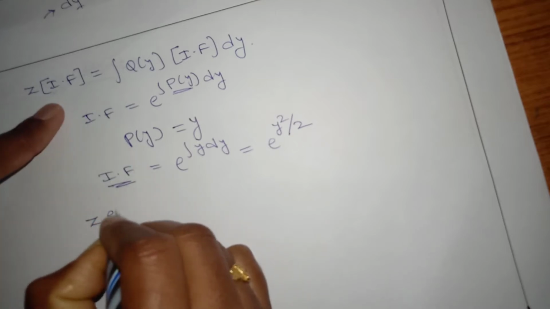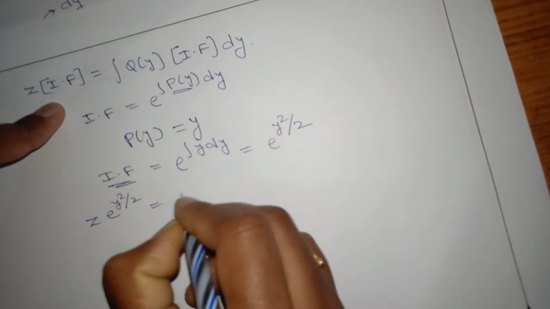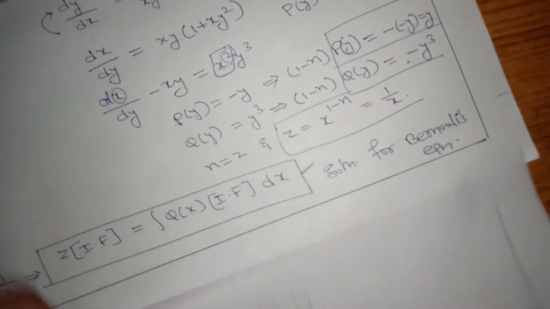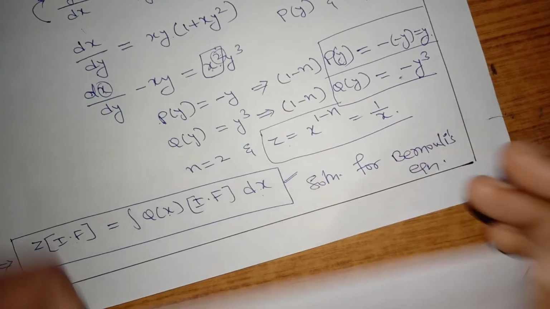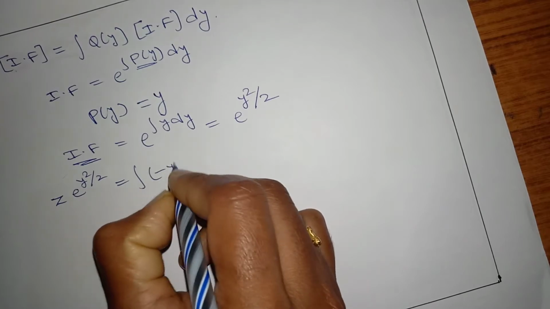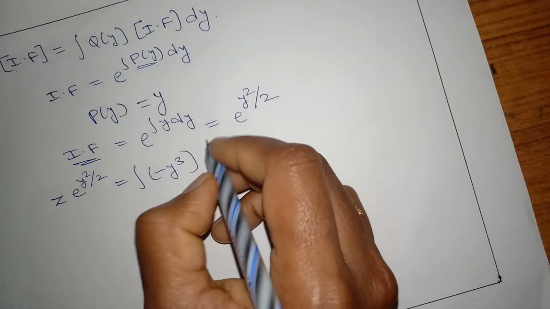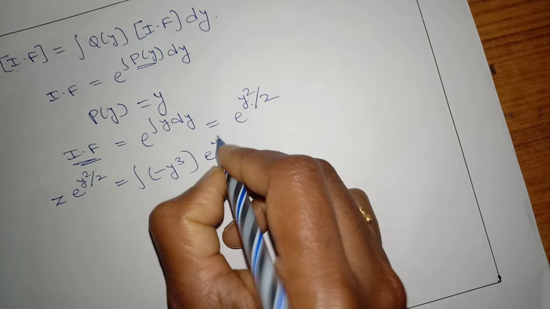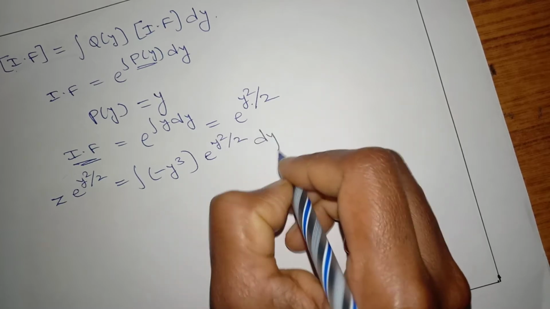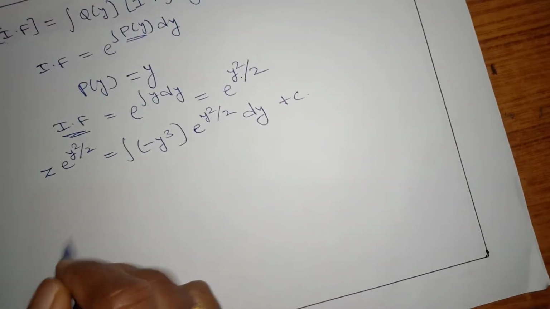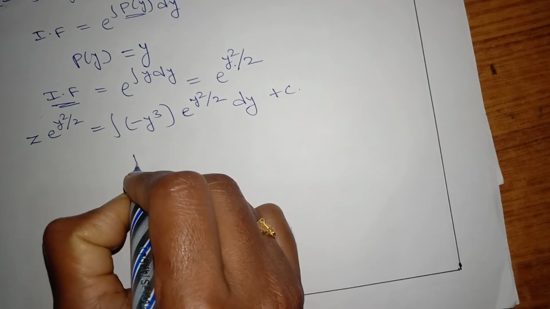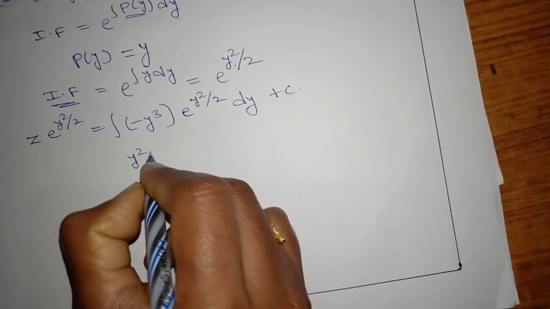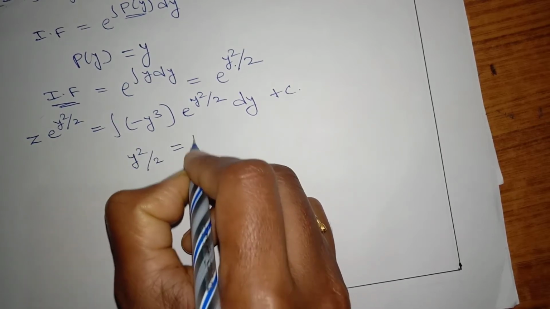z into e power y square by 2 equals integral of q of y, which is minus y cube, into e power y square by 2 dy plus c. Now I am taking y square by 2 as t.